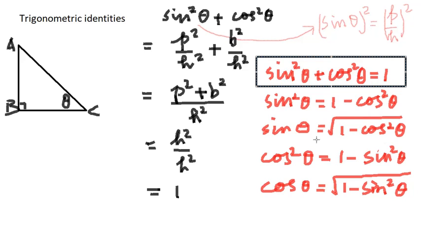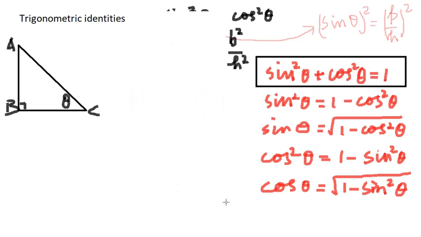Similarly, we have another 2 sets of such identities which we can derive from this triangle, just like we have derived this in this way. We are not going to explicitly derive those over here, that is left to you as an exercise. I am just going to write down those identities so that you get them in one place.